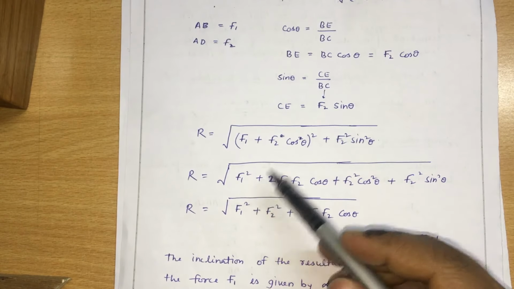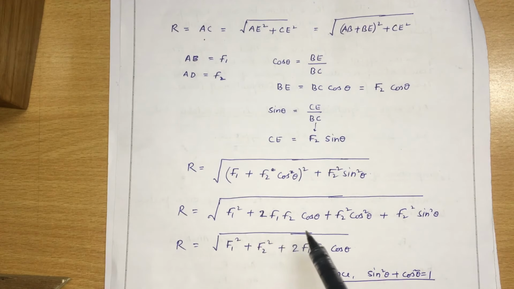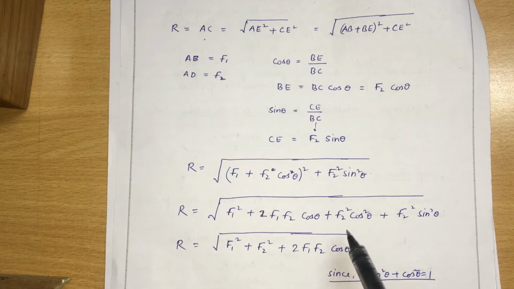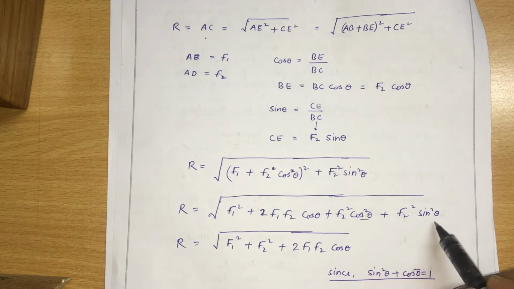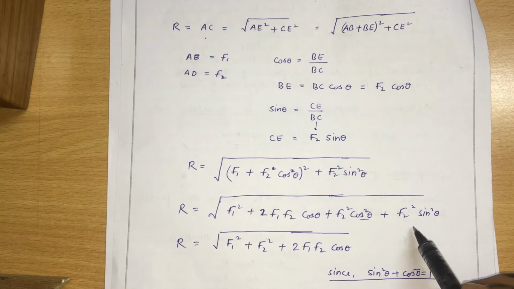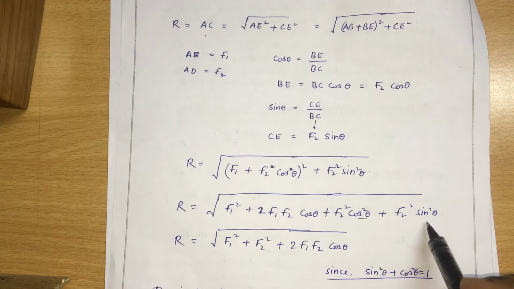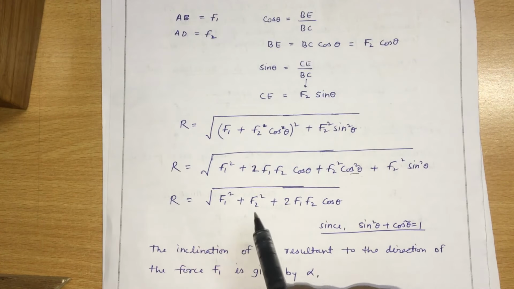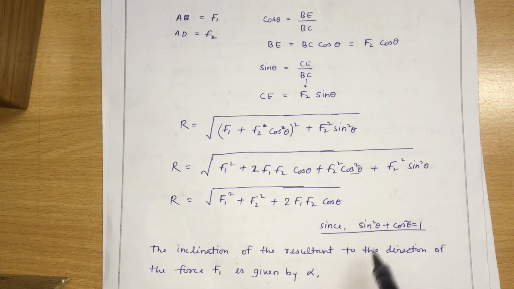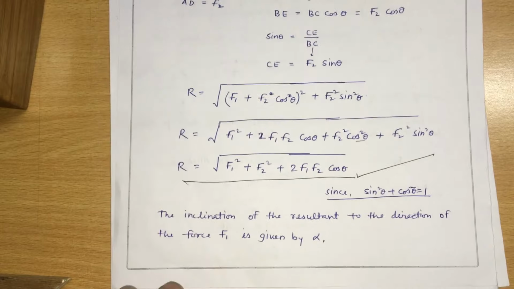Okay, so R square is equal to F1 square plus 2 F1 F2 cos theta, opening the bracket, then F2 square cos square theta plus F2 square sin square theta. cos स्क्वायर प्लस साइन स्क्वायर को हम लोग कॉमन ले लेंगे, F2 स्क्वायर को कॉमन ले लेंगे और यहाँ पे बचेगा cos स्क्वायर प्लस साइन स्क्वायर थीटा इज इक्वल टू 1. So from trigonometry, R is equal to root of F1 square plus F2 square plus 2 F1 F2 cos theta. This is the important law of parallelogram, the final derivation.